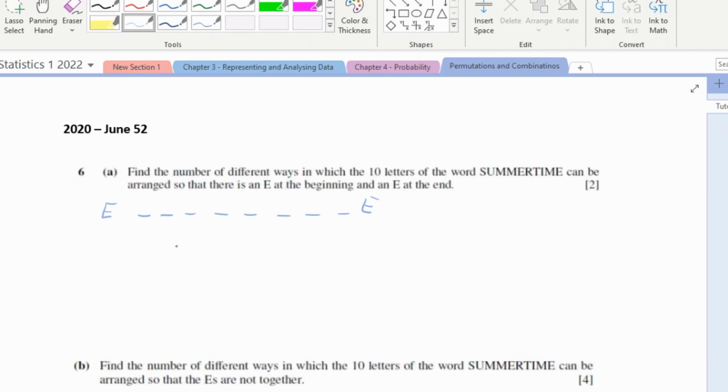Now, we've got 8 in the middle, so we're going to rearrange those. But with the 8 in the middle, so we've put an E in, are there any double ups of any letters? You can see some. M. Anything else? I think it's just M's. And how many M's have we got? 3, so 3 factorial. And that gives us 6,720.